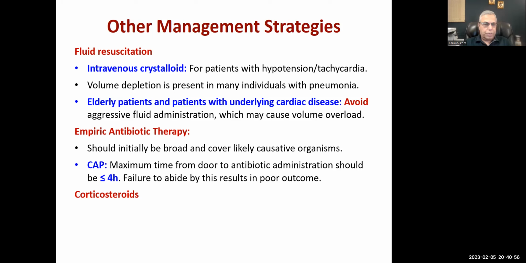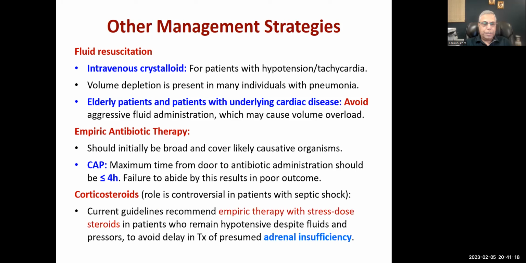Corticosteroids are controversial, right? According to the latest guidelines, they don't recommend corticosteroids, but under certain situations, like if the patient is in septic shock and you think that the adrenal glands are not working normally, then you may administer corticosteroids, okay?